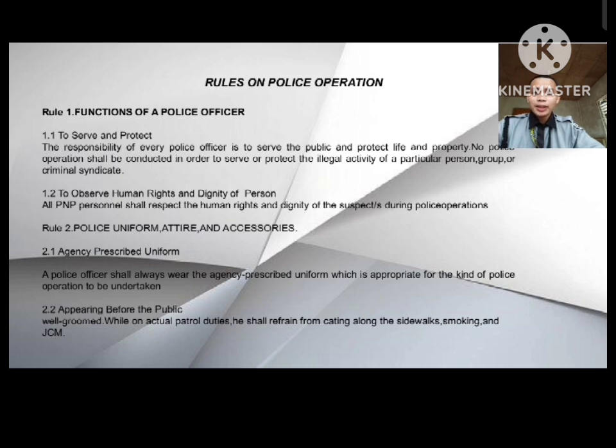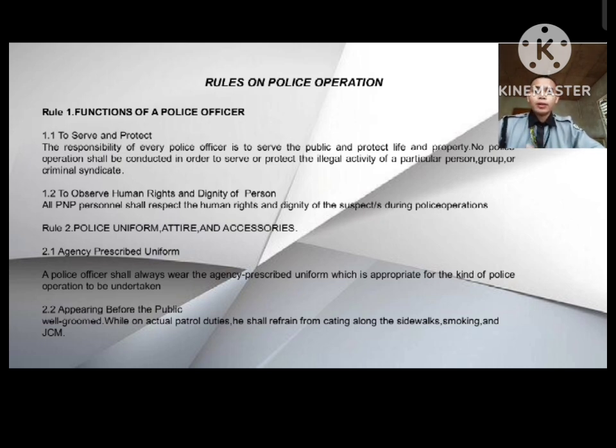They must always wear the prescribed uniform because it matches the kind of operation being conducted. If you have that prescribed uniform, especially the PNP, it will help people recognize that you are a police officer.